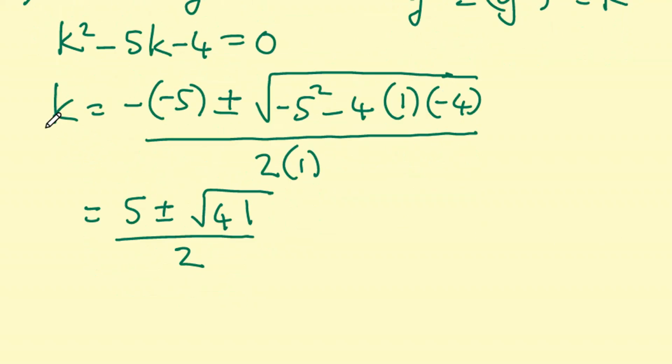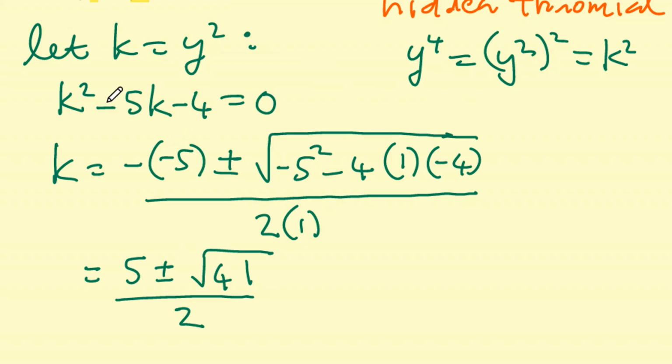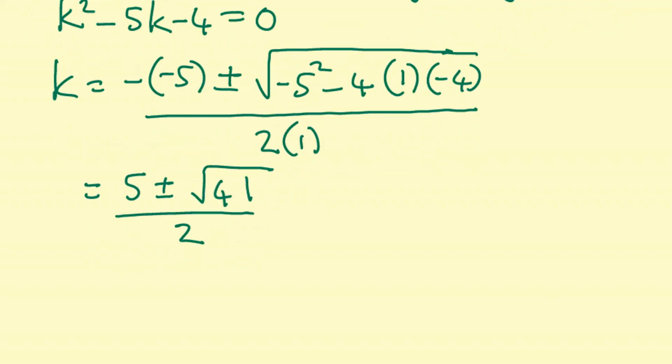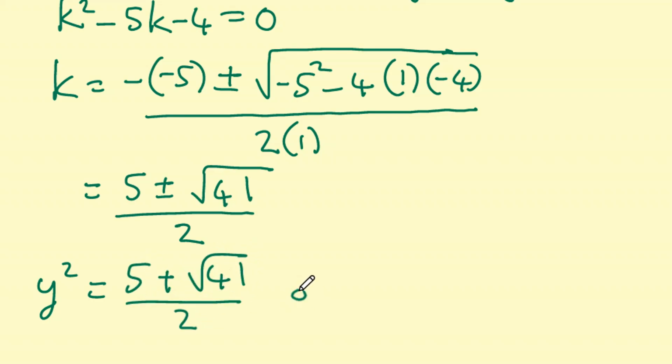So then k is equal to 5 plus the square root of 41 all over 2, or k is equal to 5 minus the square root of 41 all over 2. But now remember that we let k equal y squared. So we can bring back the y's. So y squared will equal 5 plus the square root of 41 over 2, or y squared equals 5 minus the square root of 41 all over 2.